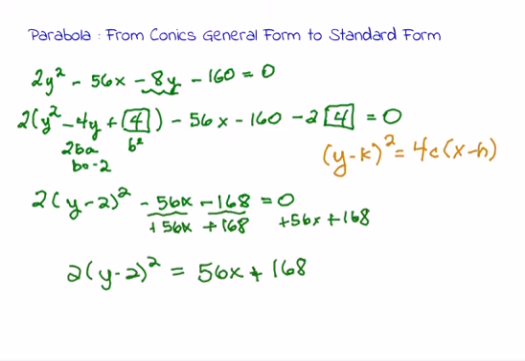Now we're getting close here. Notice in our standard form, we don't want a coefficient on the y minus k squared part over on the left side of the equation. We only want a coefficient here in the 4c on the right side of the equation. So since I've got this 2 over here, I'm going to divide everything by 2.